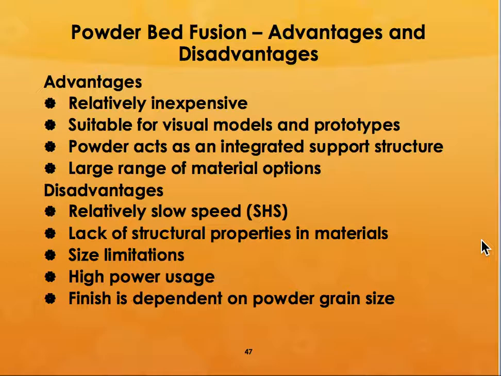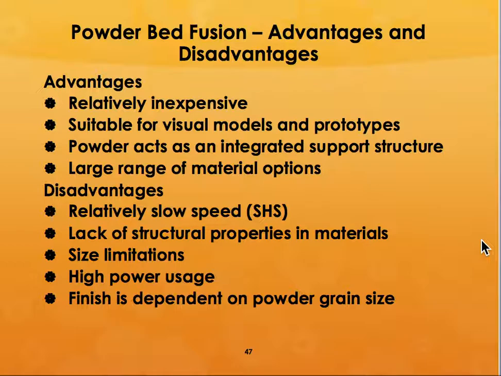But sometimes you may not always get the right kind of structural properties. I would say it has more to do with isotropic properties. So you are probably not going to get isotropic properties because of the way the parts are built. You may have size limitations.